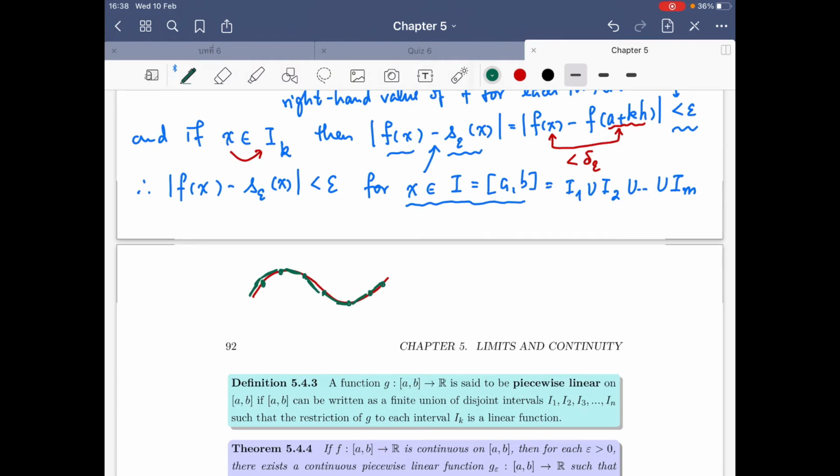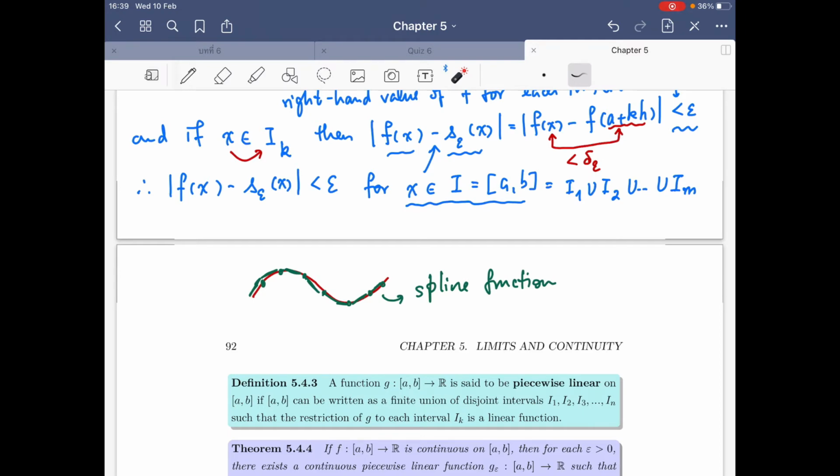Sometimes we call this kind of approximation a spline function. Can you see it as a spline, like the spine on your back? It looks like a spine on your back, right, that has several corner connections here. So this is the main idea of this name.